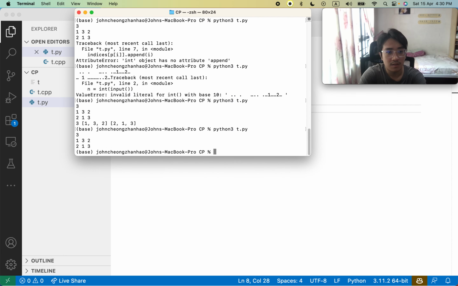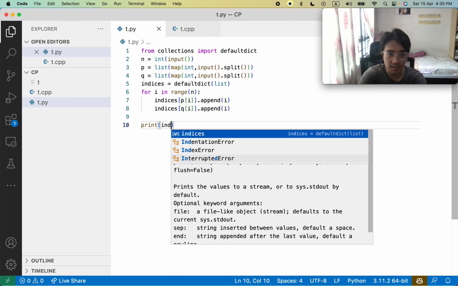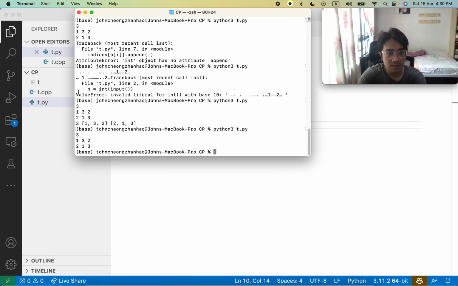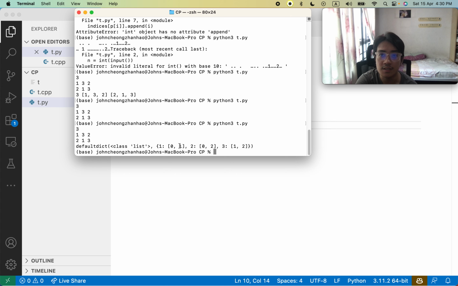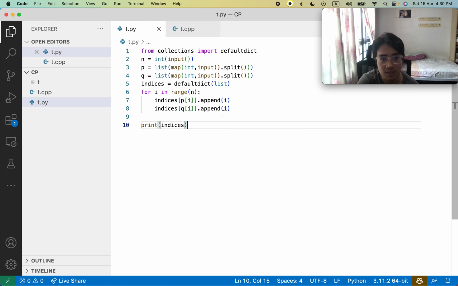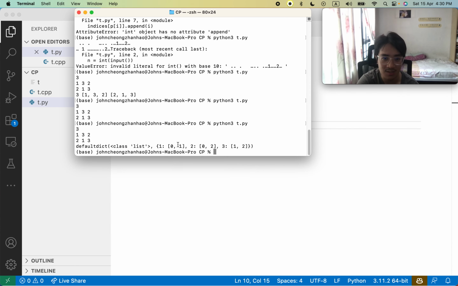Okay, now let's just print indices real quick so that we can see what we got. So you can see it's all in increasing order, and the reason why is because we are appending it from 0 to n, so the smallest value always gets appended first, so 0, 1, 0, 2, 1, 2, etc.